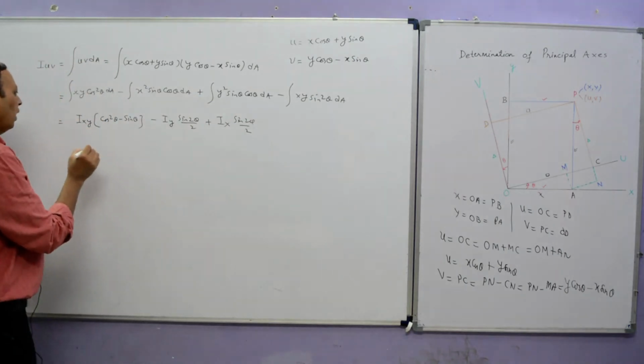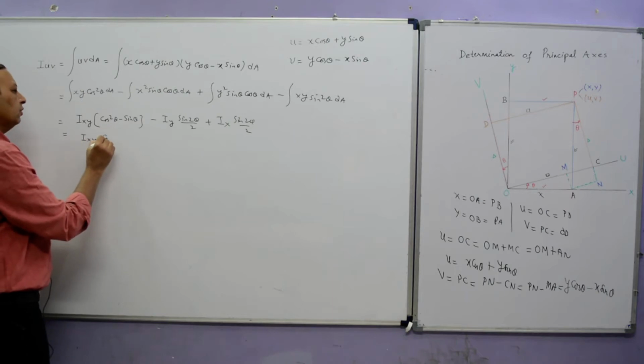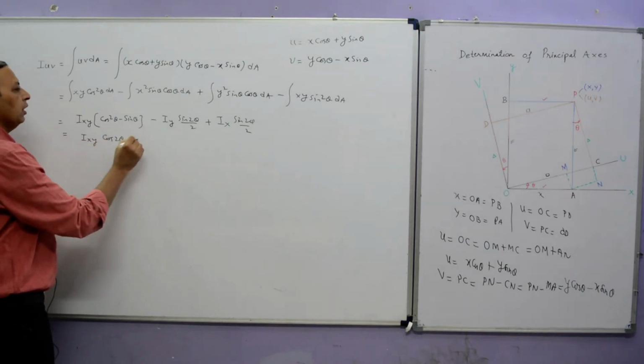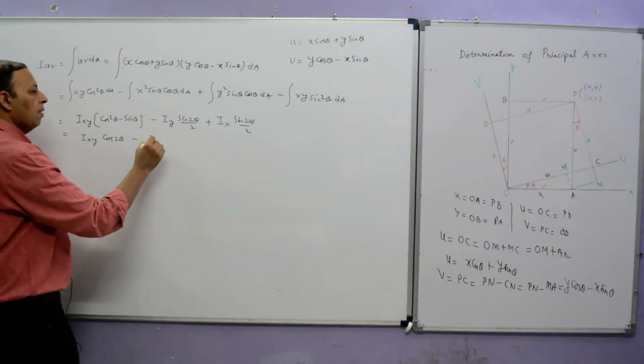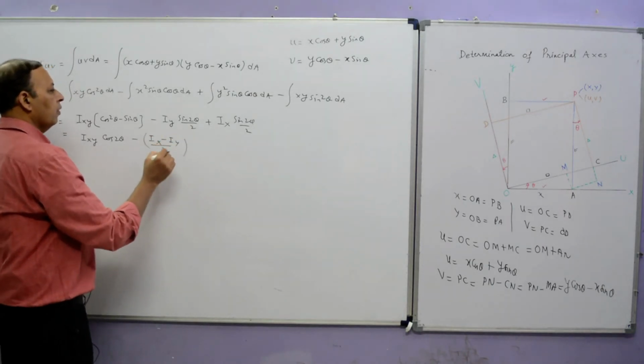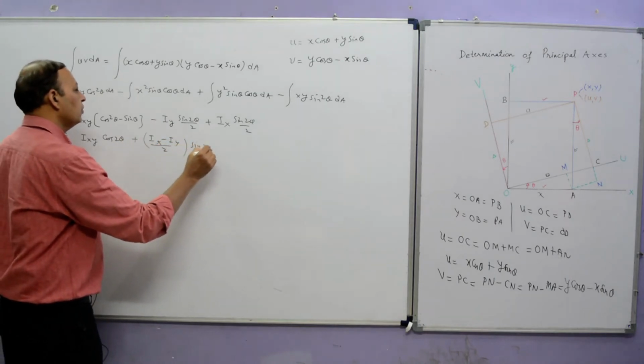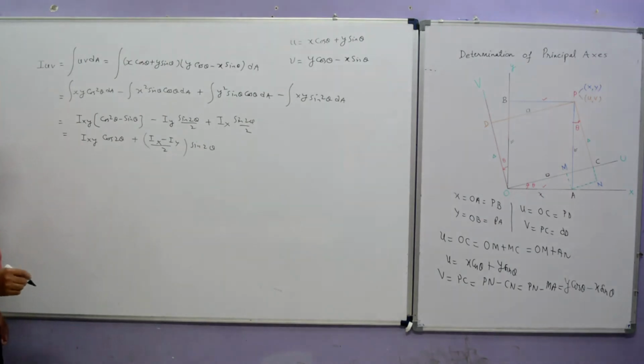So we can write the equation: Iuv equals Ixy cos 2 theta minus Ix minus Iy by 2, plus Ix minus Iy by 2 sin 2 theta. So this is the value of Iuv.